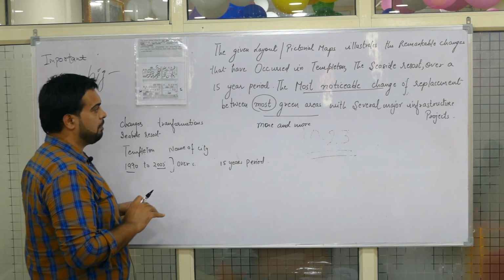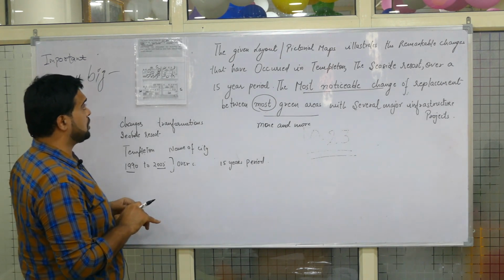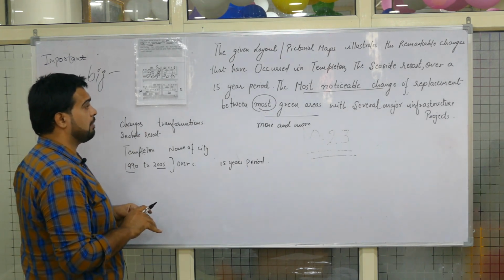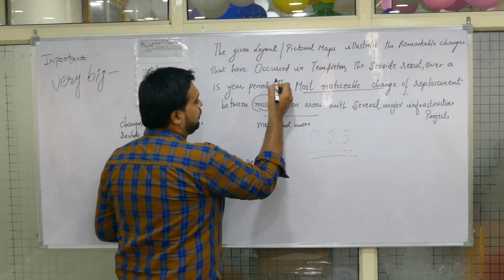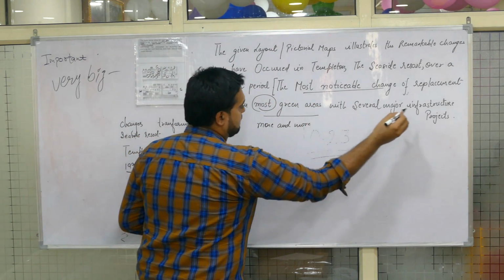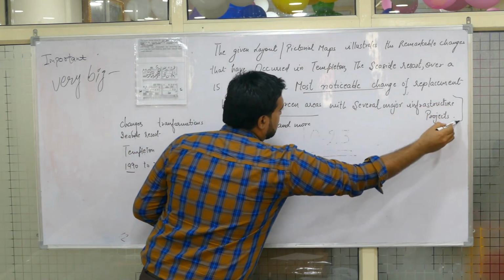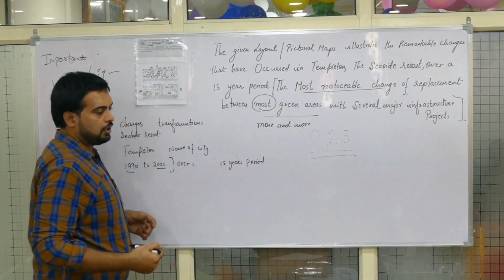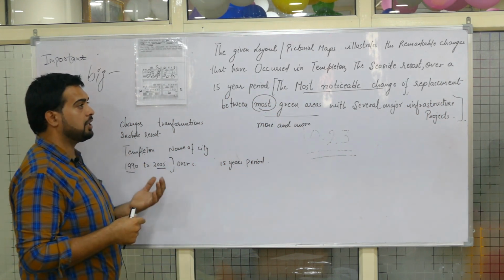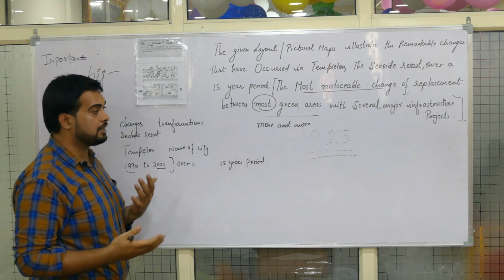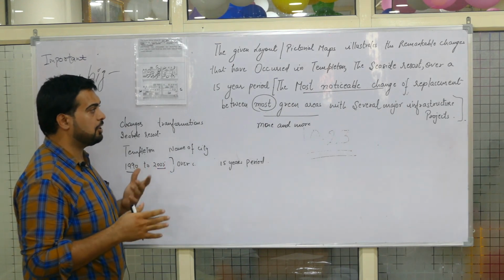So whenever you've been handed over a question booklet of a pictorial diagram in the examination, make sure the last line of the introduction should be similar to this. You have to add the most noticeable. For example, you have seen improvements in medical centers, public transportation.